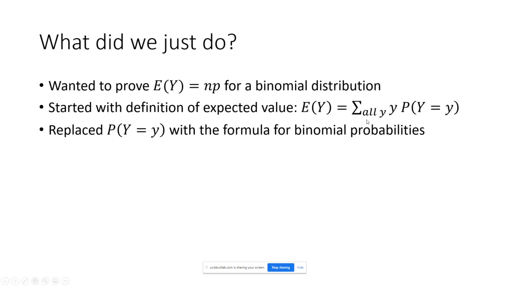And while we were at it, we also changed this all y to be as y goes from 0 to n, because those are the valid values of y for a binomial distribution. We did algebra to simplify that formula then.